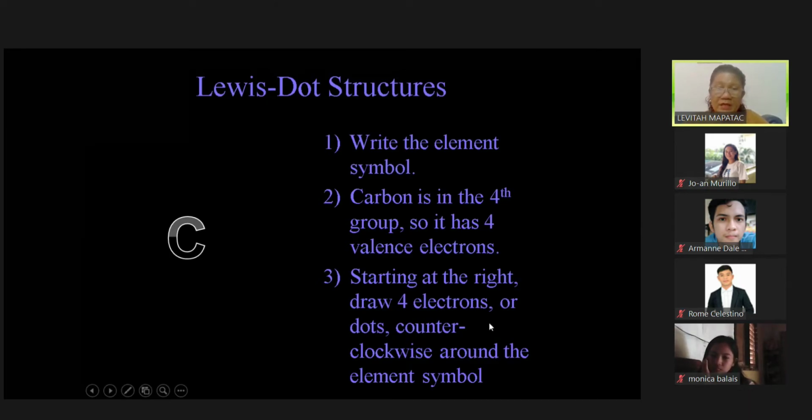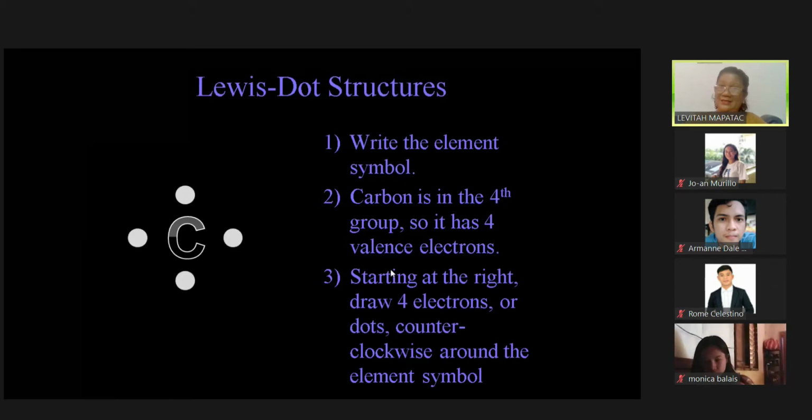Using dots, counterclockwise around the symbol. Start here. 1, 2, 3, 4. Did you get it? So that is now the Lewis structure of carbon.